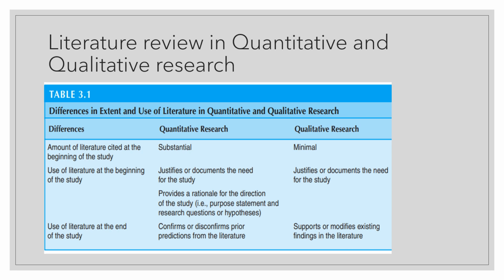And in qualitative research, it is also to justify and document the need for the study. The literature review is important for both quantitative and qualitative research because we have to show the urgency of the research that we are going to conduct.